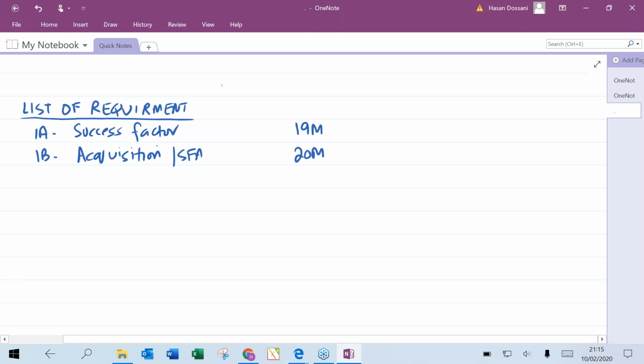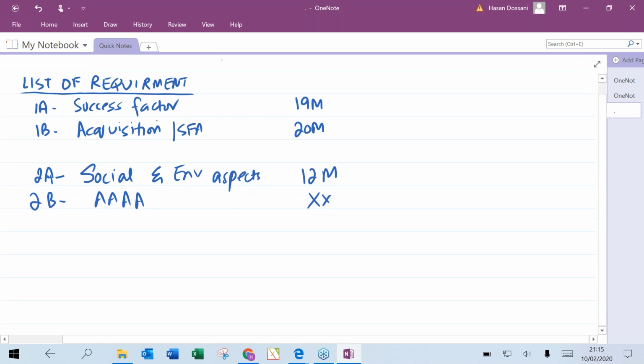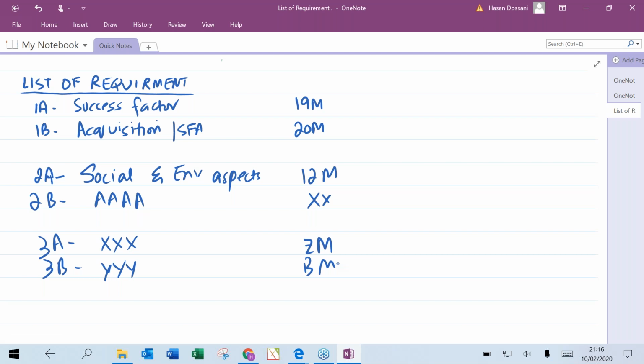For example, 2A of this question was talking about social and environmental aspects, I think it was 12 marks, and 2B was something else. Then there was 3A about something, and then 3B about something, and some marks. So in the end, when you make a list of all the requirements, it should look like this.